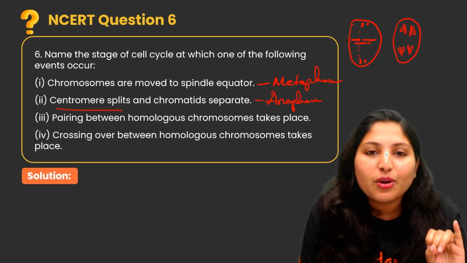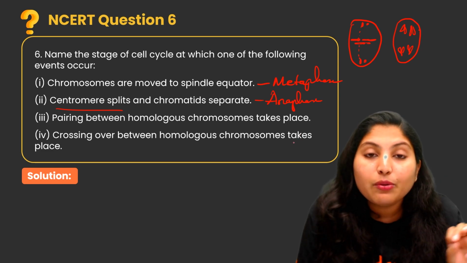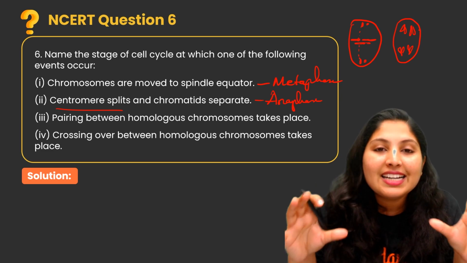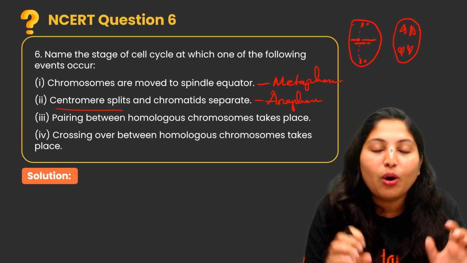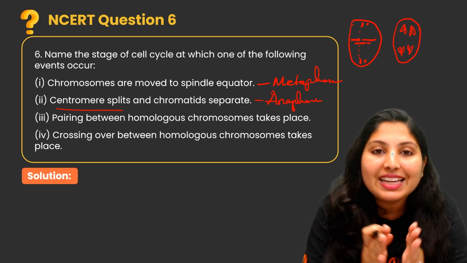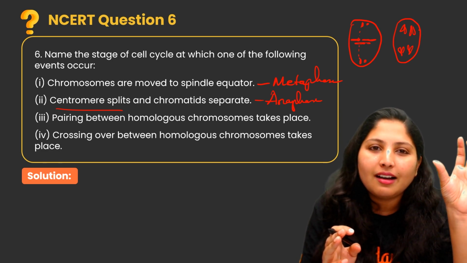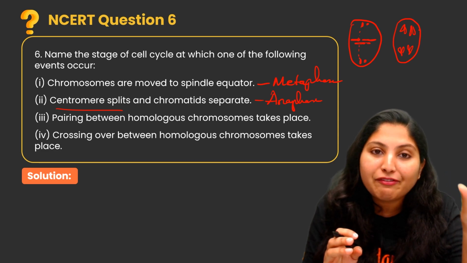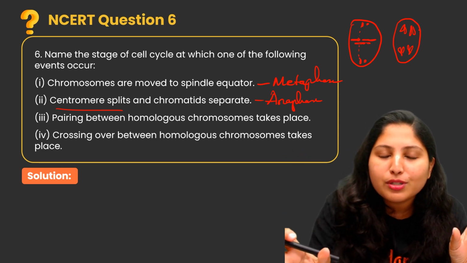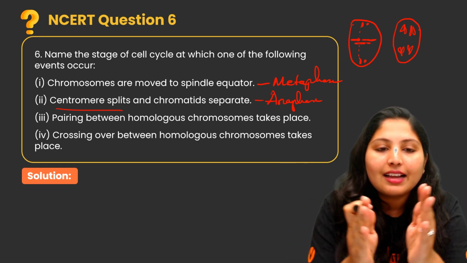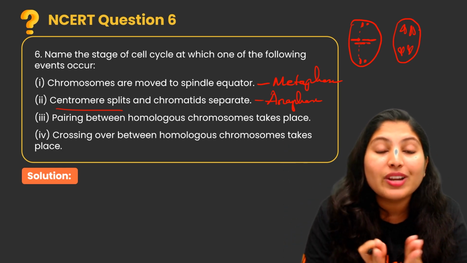The first one is known as leptotene. The second one is known as zygotene. In zygotene, what happens? The condensed homologous chromosomes pair up, right? Chromosome number 1 from parent 1, that is the father, and chromosome number 1 from parent 2, that is the mother, come closer. That is known as synapsis.